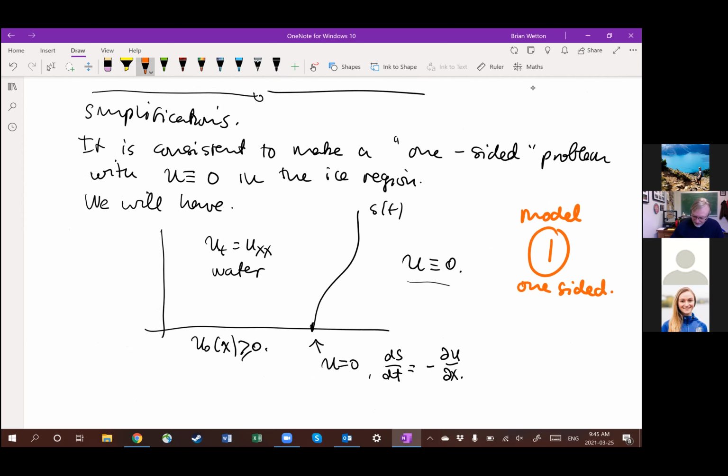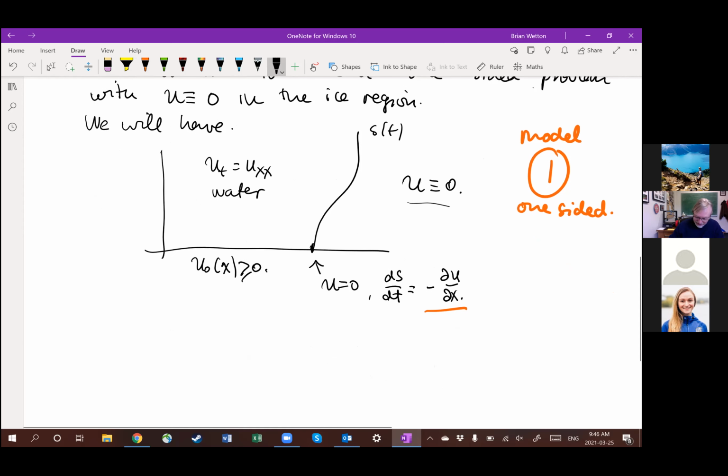When we did the scaling to get this, there were a bunch of things that went into it, one of which was the latent heat. So this is really measuring temperature in terms of latent heat units. And there was density and a bunch of other stuff as well.